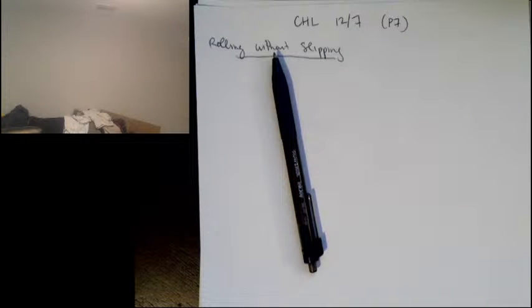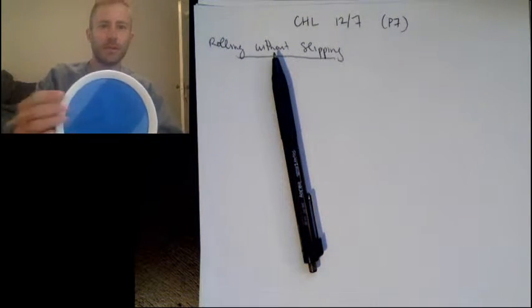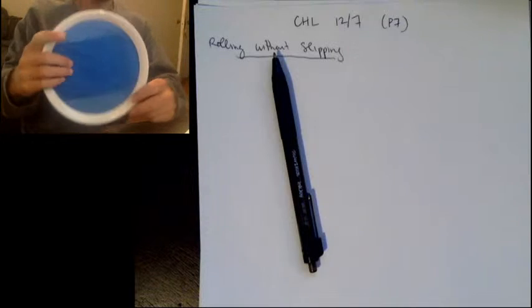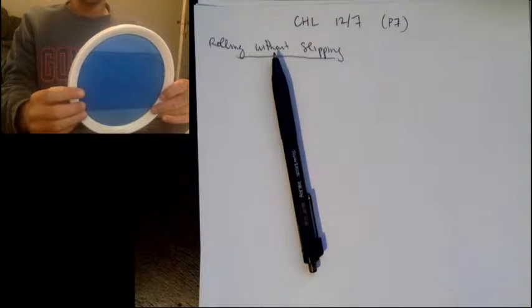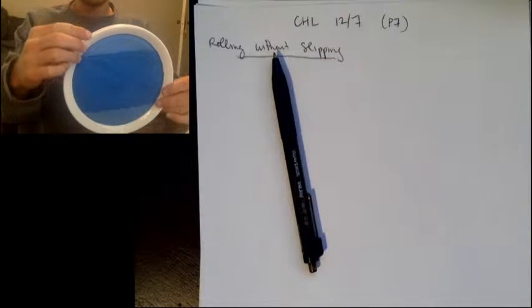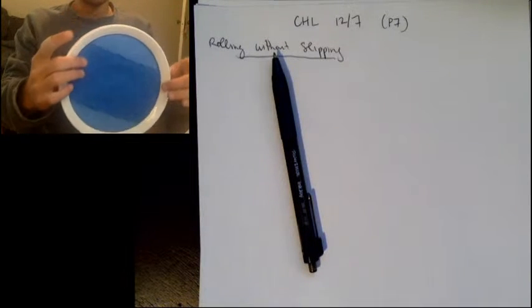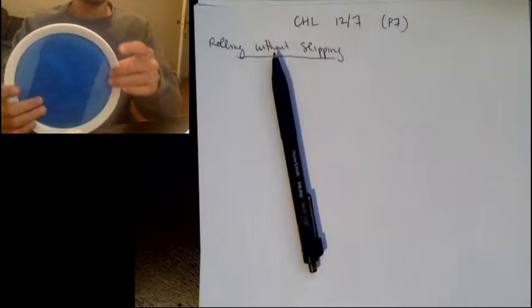So I have a circle. Now, if this circle is rolling while slipping, then it's spinning, but it's not moving, or it's spinning, but it's not moving very much. Okay?